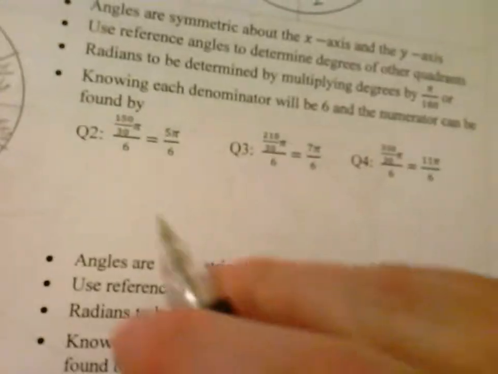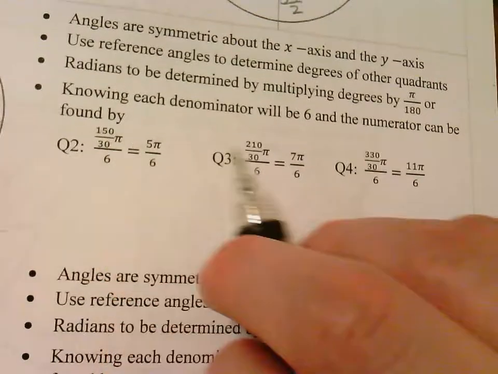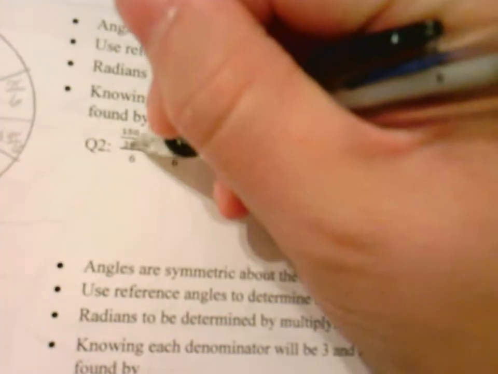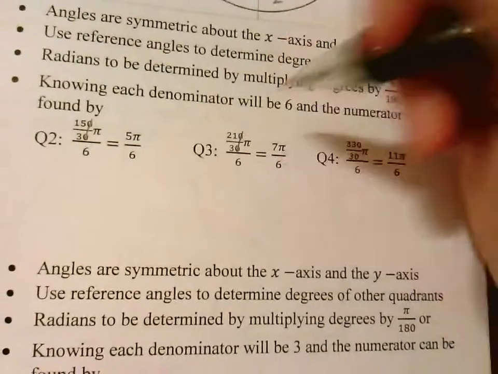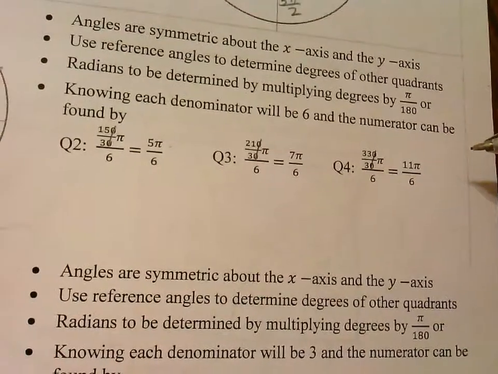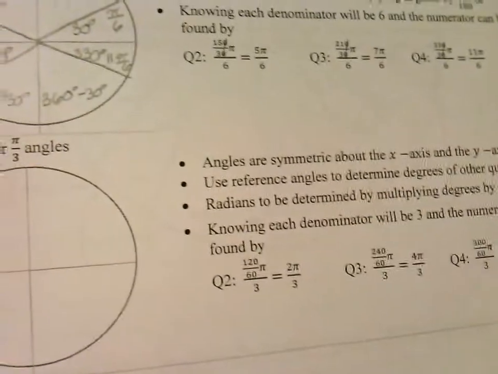Okay? So these are all 30, so the degrees are all being divided by 30. If you take out the 0, it's 15 divided by 3, 210 divided by 3, and 330 divided by 3.